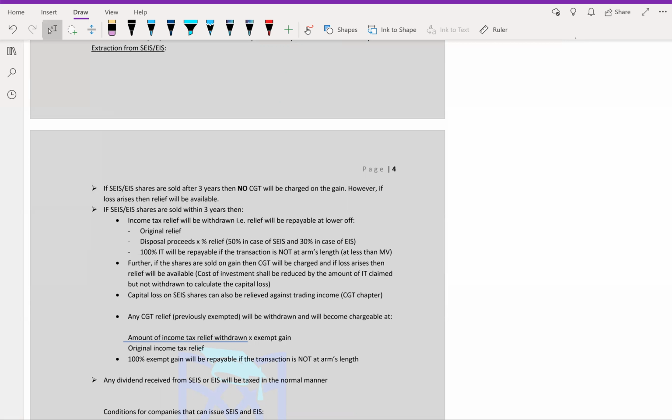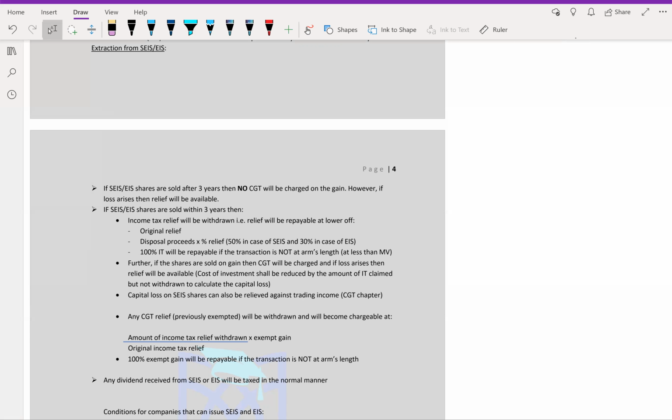Loss will be allowable. All right. If the shares are sold within 3 years, then what will happen? There's a withdrawal of the reliefs that you were given earlier, depending on whether you have sold the assets within 3 years, right? You already know it.